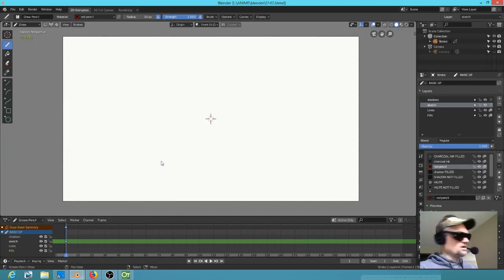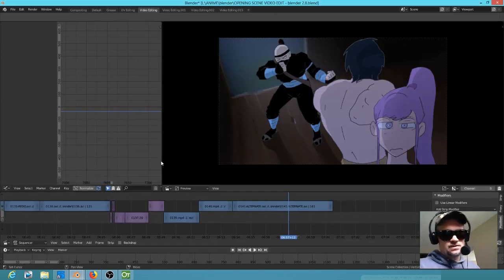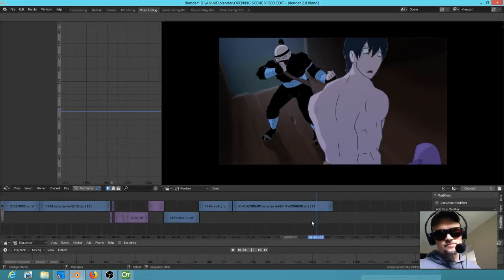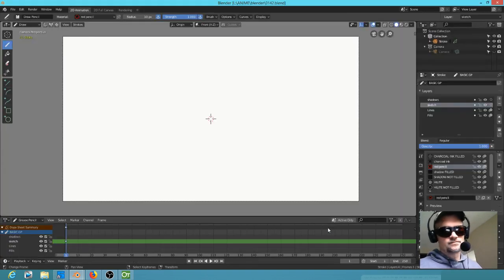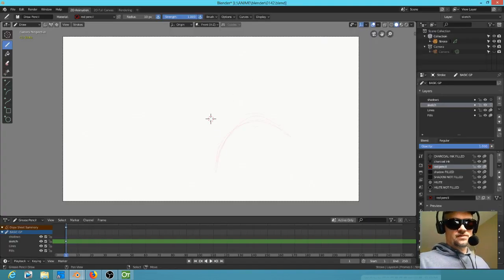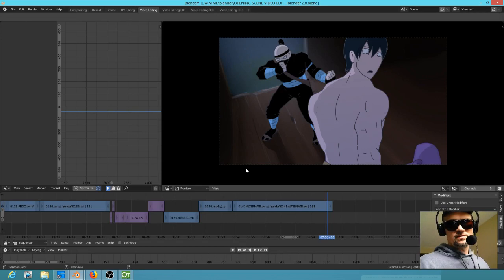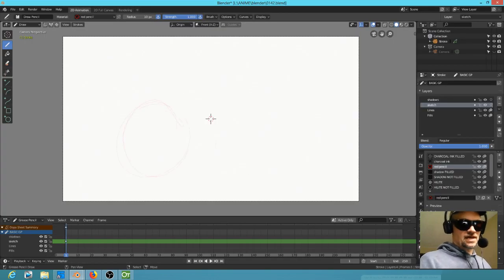Okay, what I want to keep referring back to is this. What's interesting about this for me, I'm going to put my ninja guy here instead. I'm going to go ahead and change up the positioning of my guys a little bit.